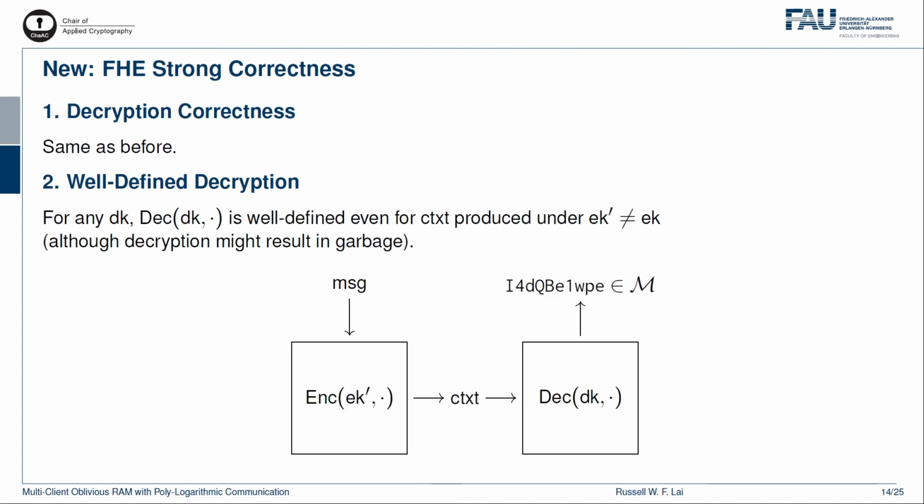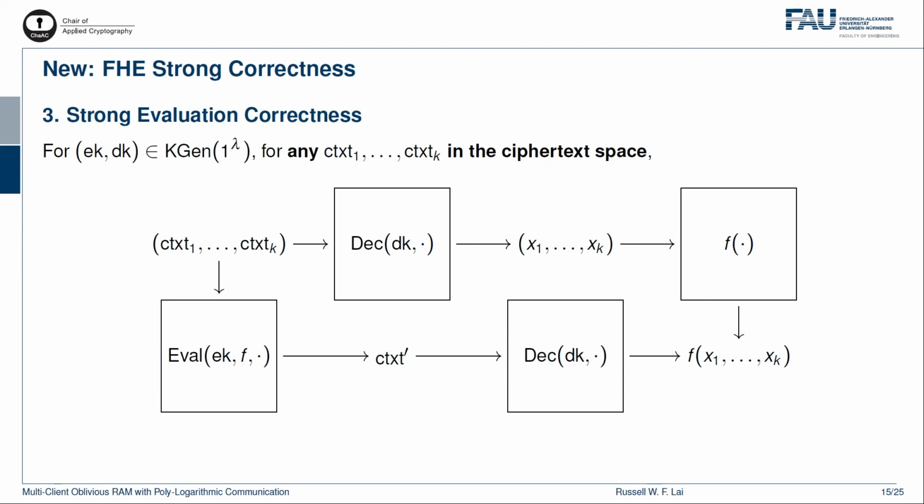To illustrate, suppose we encrypt a message and then decrypt it with a wrong key. We should end up with a random string, which is nevertheless still in the message space. Finally, we have strong evaluation correctness, which says that the evaluation correctness should hold for any ciphertext in the ciphertext space.